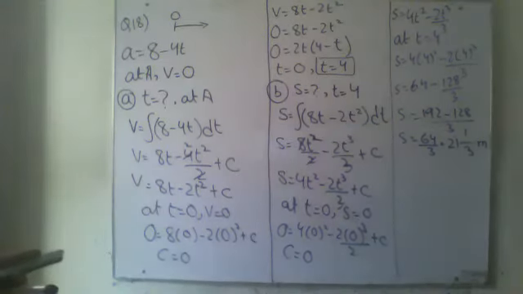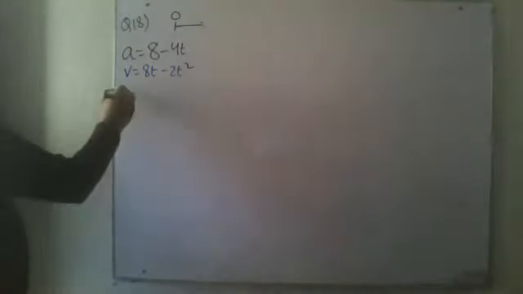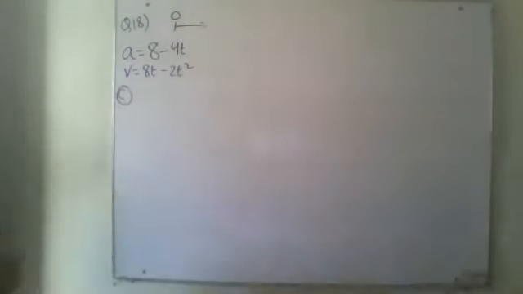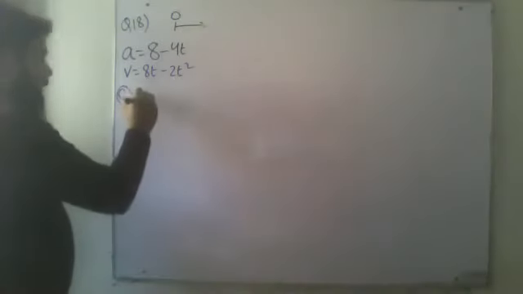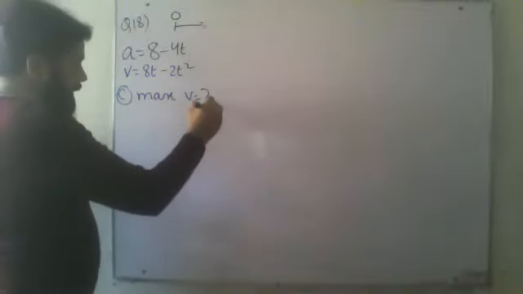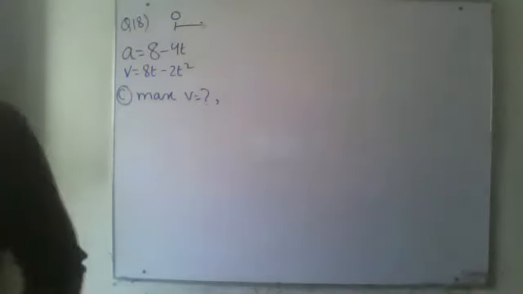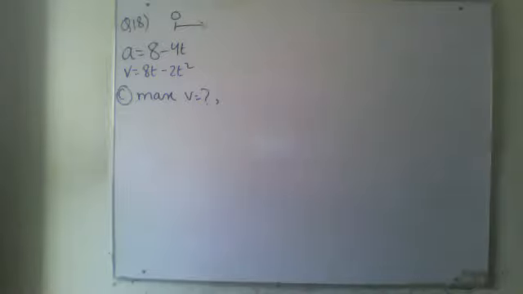Okay, now the C part of the question says that I have to find the maximum speed of the particle during its motion from O to A. So how will I find maximum speed?